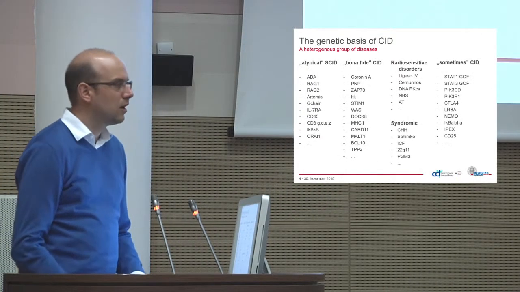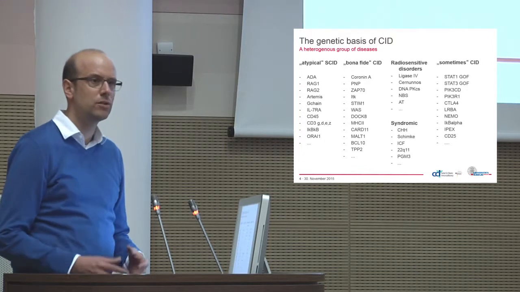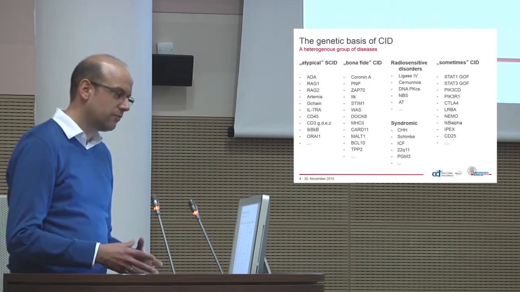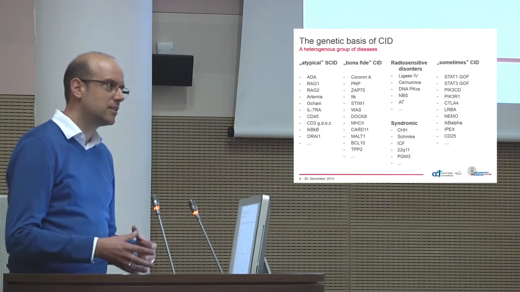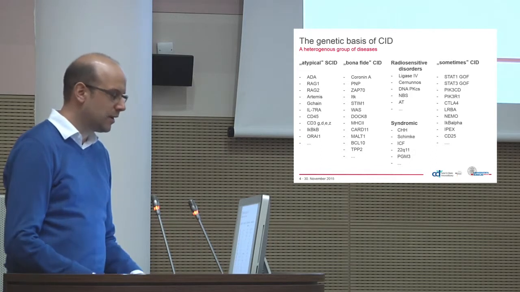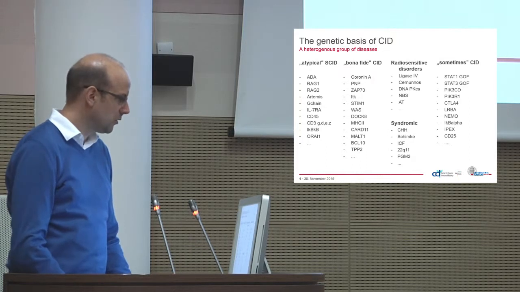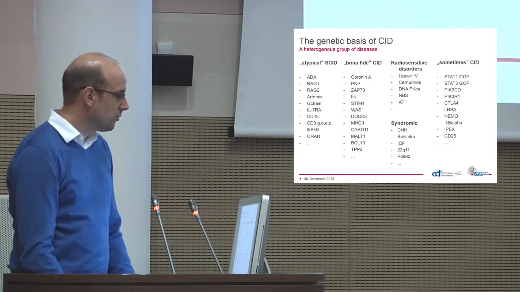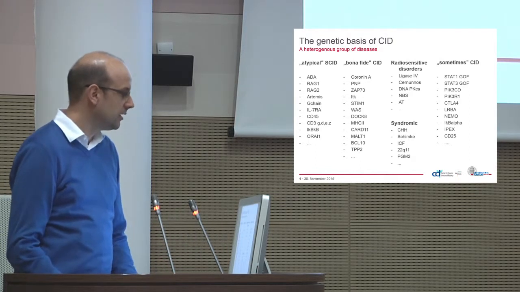That has been long and well described for patients with RAG mutations, where residual protein function allows for a certain function of the protein and residual T-cell immunity, yet leaving the patient with enough clinical problems because T-cell immunity is not complete.